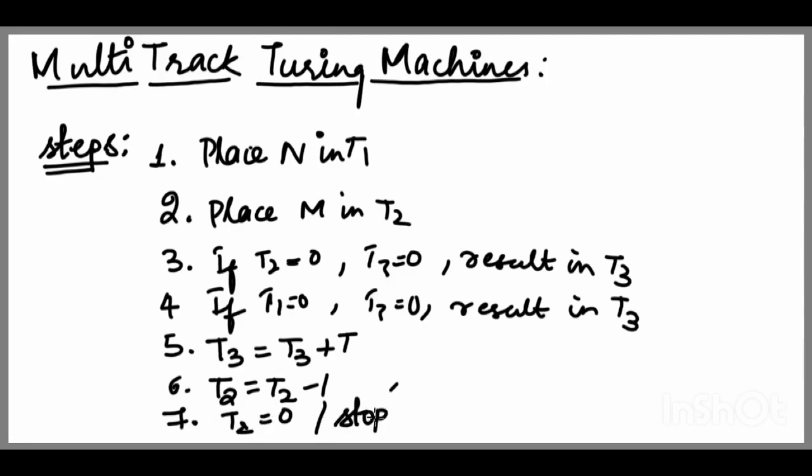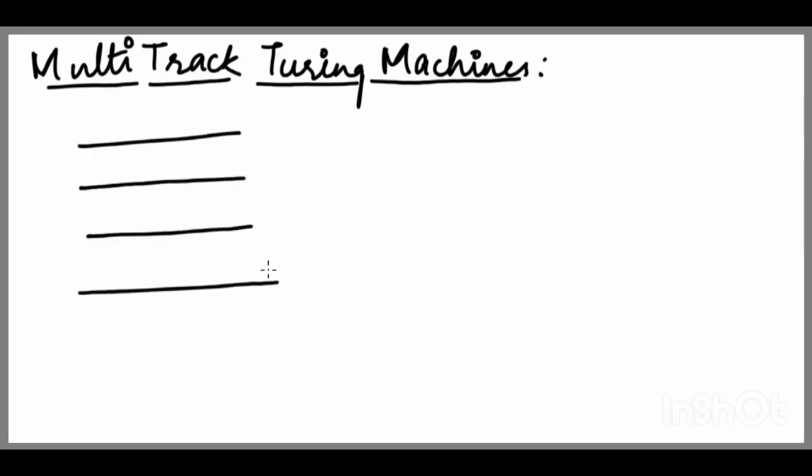Based on this algorithm, let's design a Turing machine. As we have discussed, we have chosen a 3-track Turing machine. So according to the algorithm, step 1 would be placing the given multiplier in track 1.